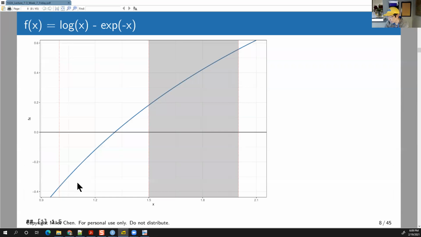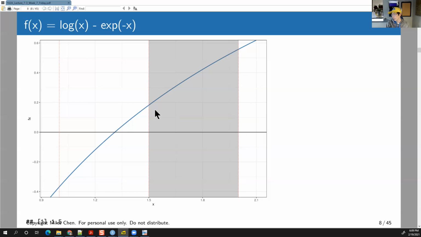This is what our picture looks like. I started off with 1 on the left-hand side and 2 on the right-hand side. And we know that a root lies somewhere in between 1 and 2, because f at 1 is negative and f at 2 is positive. This line delineates negative and positive 0.